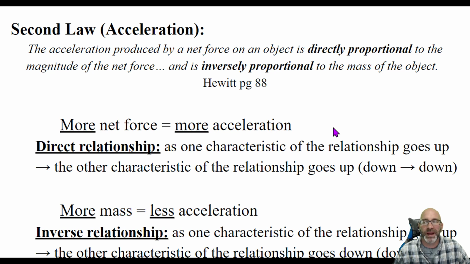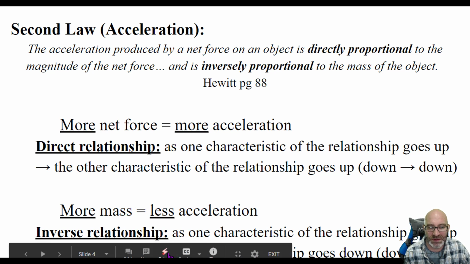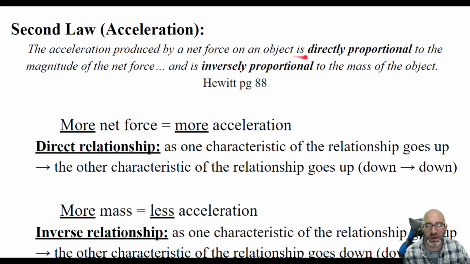And now let's go back and take a look at what Newton actually said in his law and try and figure it out. Okay, it says acceleration, but here we go, this directly proportional and this inversely proportional. And so this is kind of a new concept. But what Newton's second law says, if there's more net force, there's more acceleration.